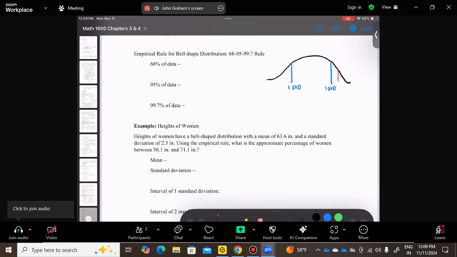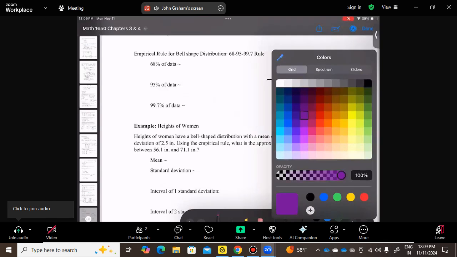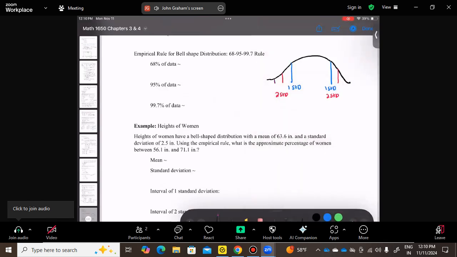Then this is going to be 2 standard deviations away. And then I'll do a different color here, 3 standard deviations away. And this again from the mean, which is right there at 0.